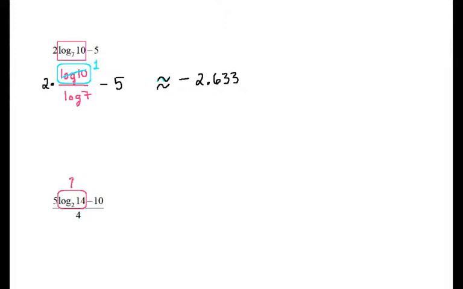So this here is the log of 14 divided by the log of 2. And I'm going to rewrite this whole expression with that now. 5 times the log of 14 over the log of 2 minus 10 all over 4.